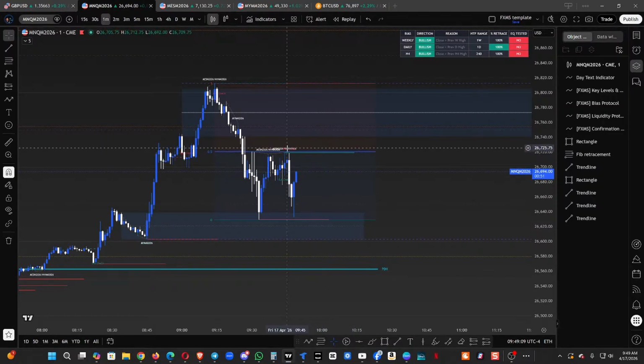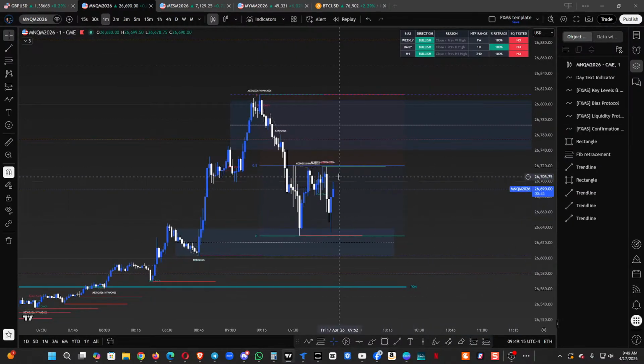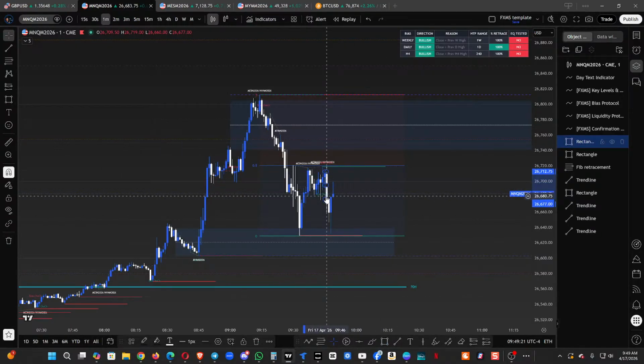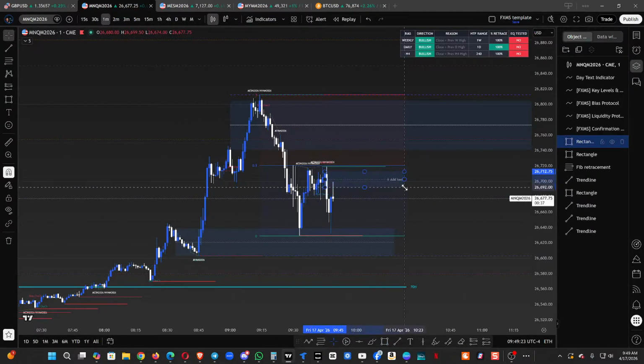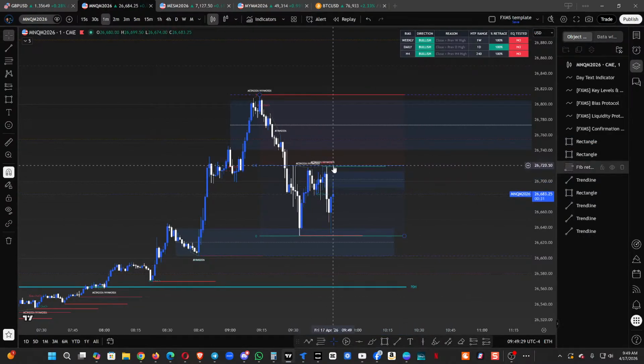All right, coming back. Let's see if we take those highs. Okay, right now this is the order block that is rejecting price. All right, we do have this divergence here, like I said.